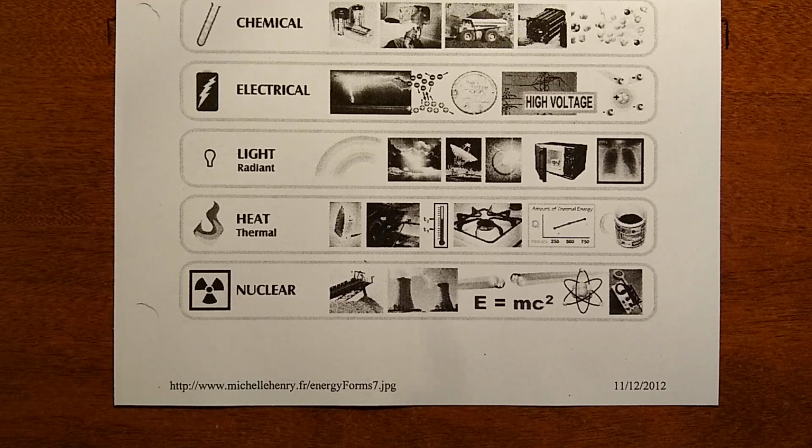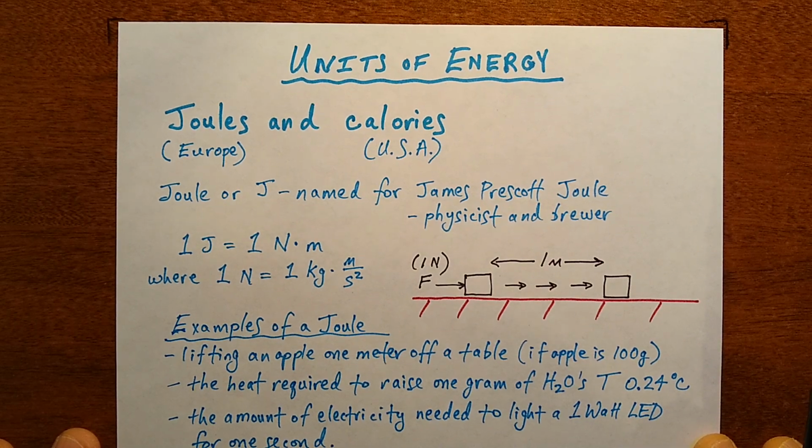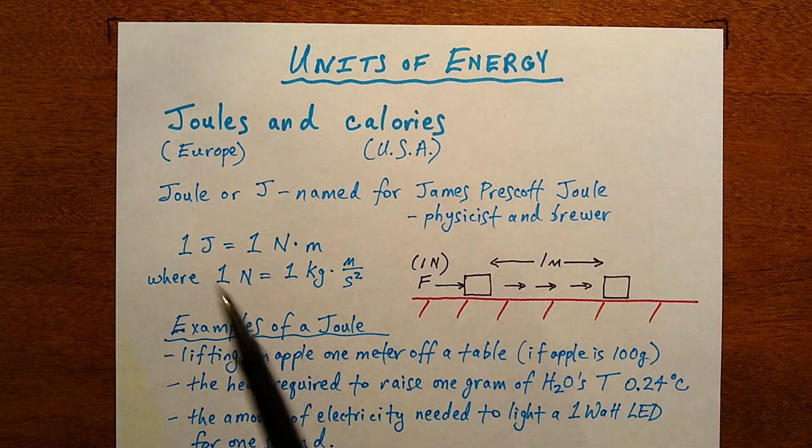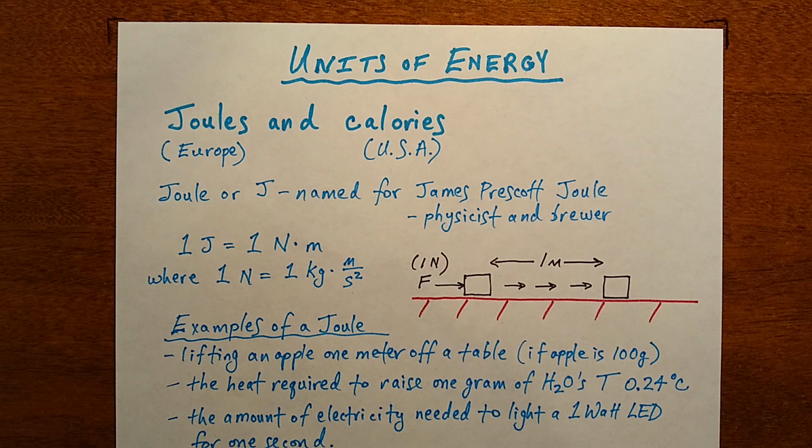So I also want to review the units that we use to express energy. So what are they? Well, we have joules and calories. In Europe, they use the unit of joules, capital J. The joule was named in honor of James Prescott Joule, who was a physicist and brewer.